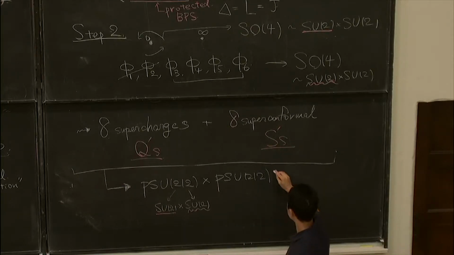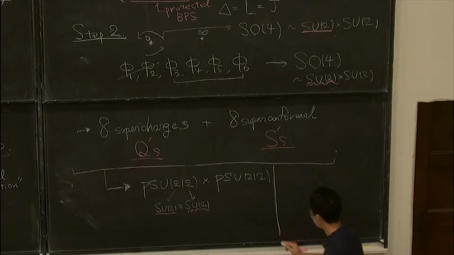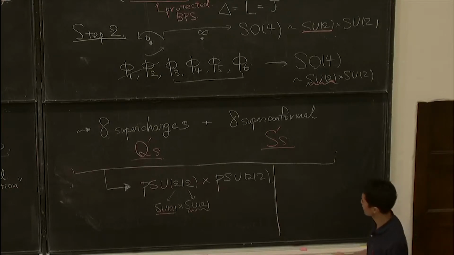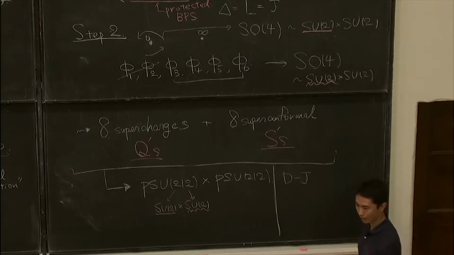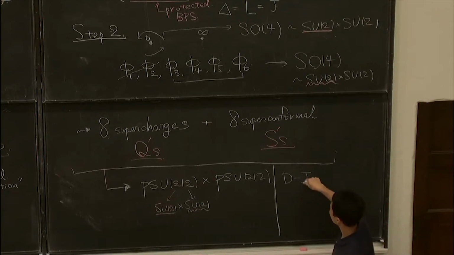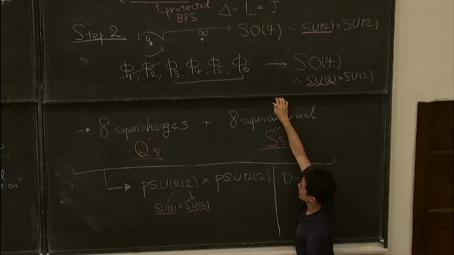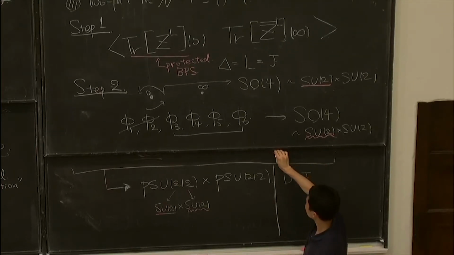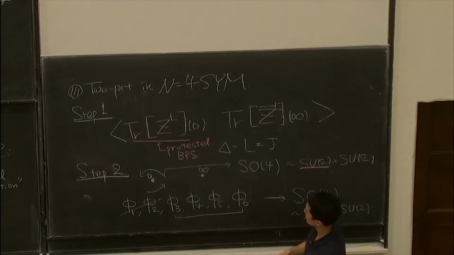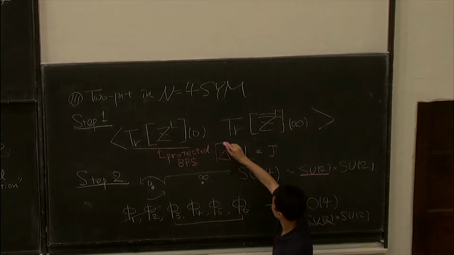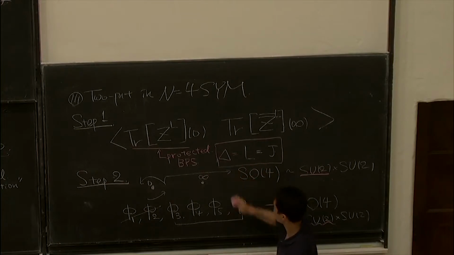And furthermore, there is yet another charge which preserves this configuration, which is D minus J, where D is the dilatation operator and J is one of the R charges. It is clear that this also preserves this configuration because, as I said, this operator satisfies this equation.